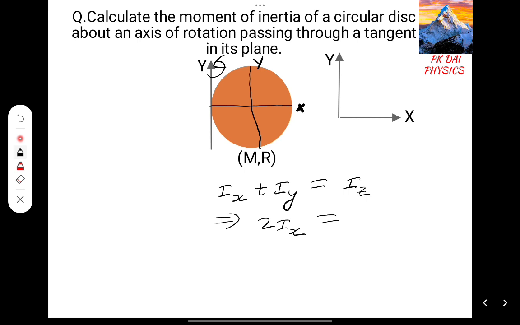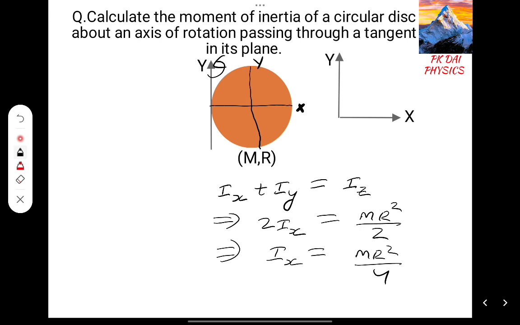The moment of inertia about the z-axis for a disk is mr square by 2, where the z-axis is passing through the center of mass and perpendicular to the plane of the disk. So the moment of inertia about the x-axis is mr square by 4. So about a diameter, it is mr square by 4 for a disk.